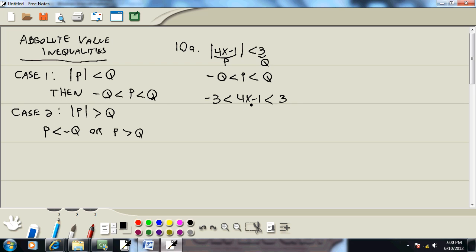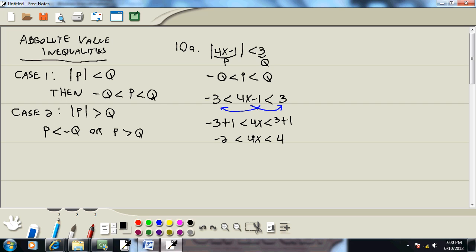Now we want to solve this. We want to get x by itself in the middle. So I'm going to take this negative 1, and I'm going to move it over the other two sides. When you move them over the other two sides, the sign of it changes. The negative 1 becomes a positive 1. Negative 3 plus 1 gives us negative 2. 3 plus 1 gives us 4.